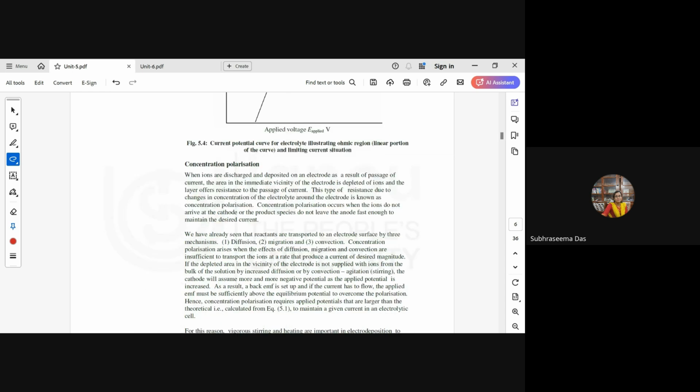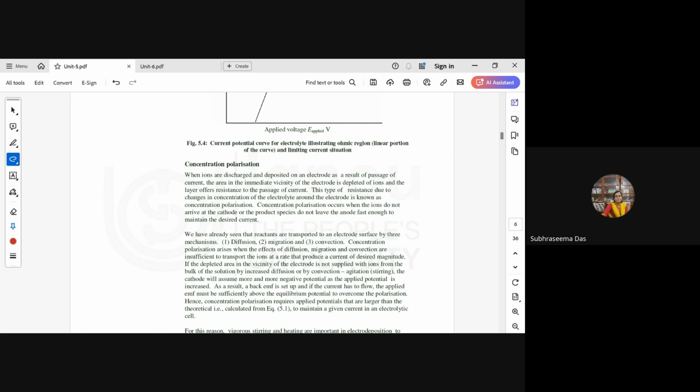Coming to concentration polarization, in an electrolytic cell, when the ions are discharged and deposited on the electrode, the area nearby the electrode becomes devoid of ions, and this layer offers resistance to the current flow.